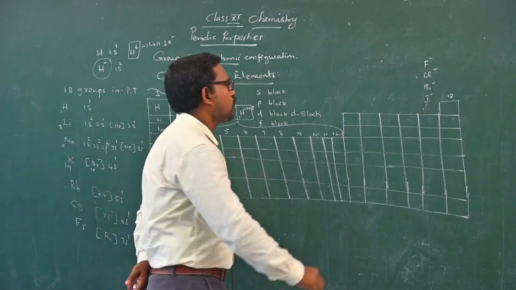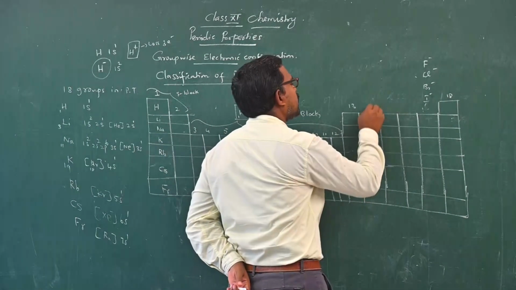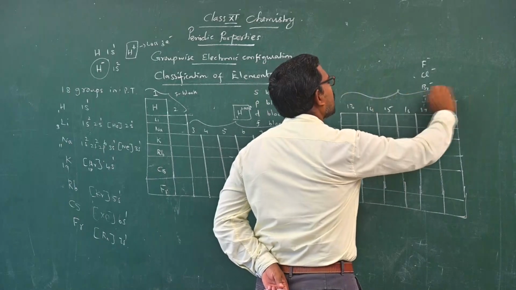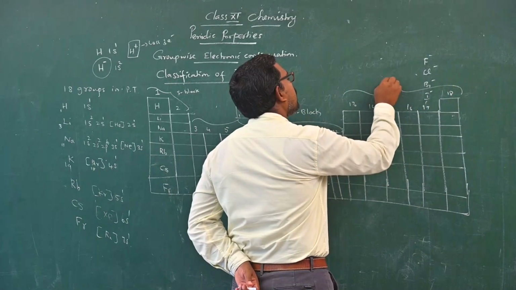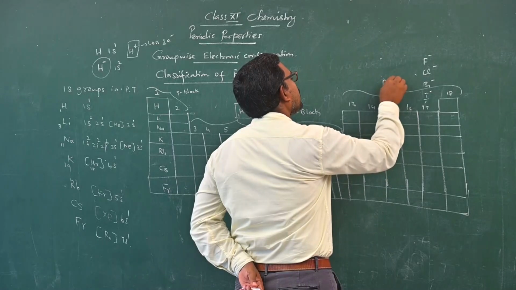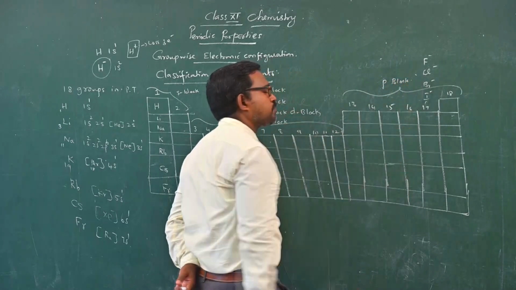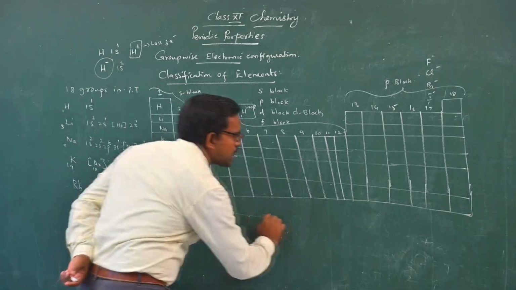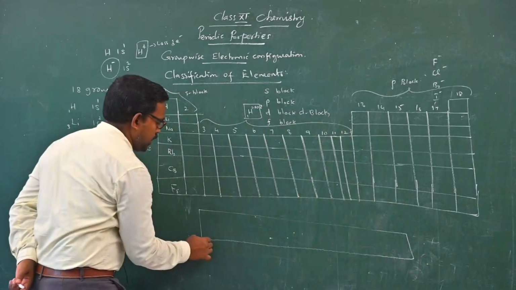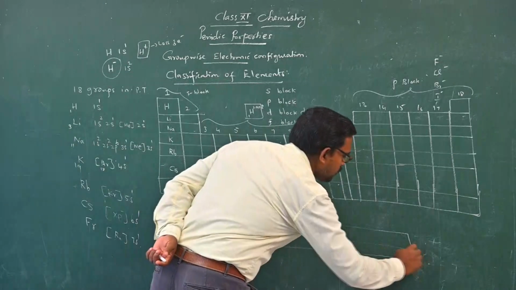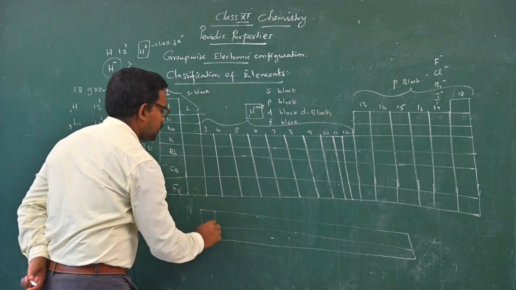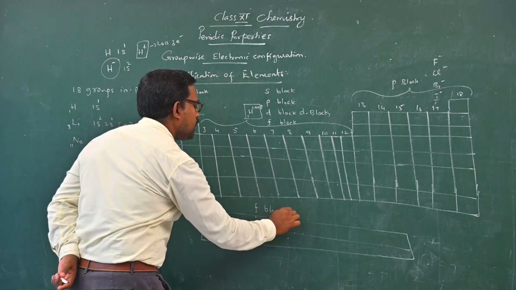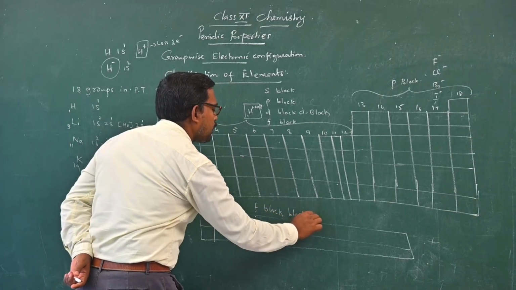Group numbers 13 to 18 are called p block elements. The two groups of elements present at the bottom of the periodic table are called f block elements.